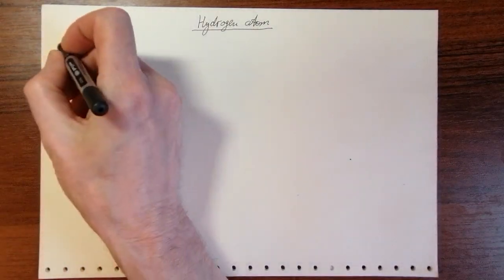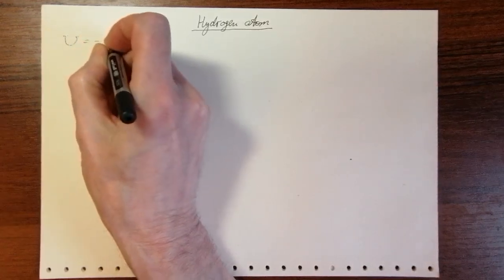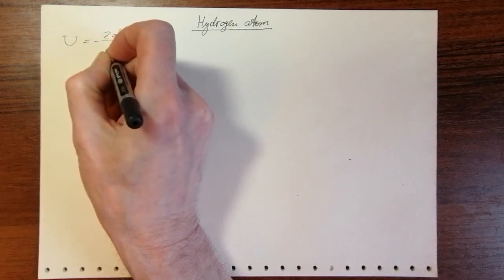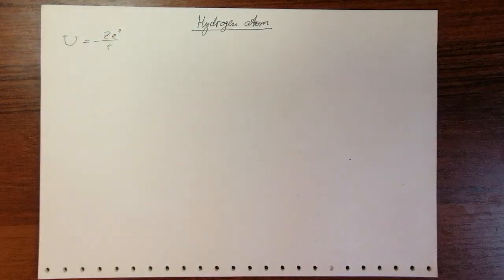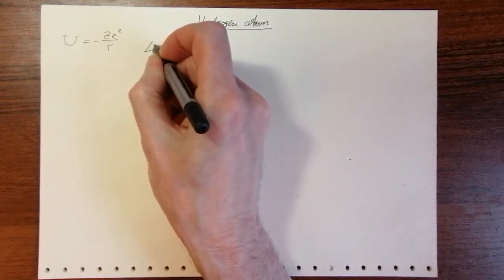We know that U is equal to minus Z e squared over r. This corresponds to Coulomb forces, and if you substitute it in the Schrödinger equation, we will have an equation.